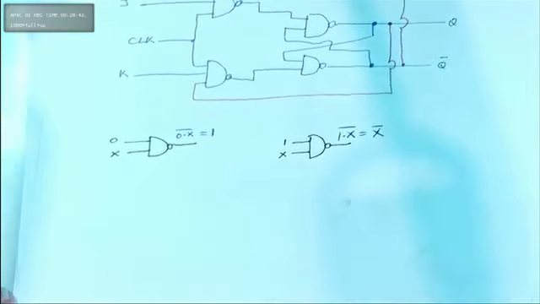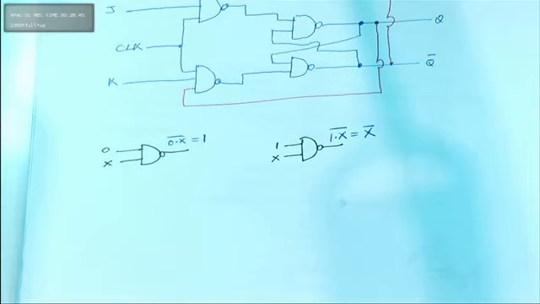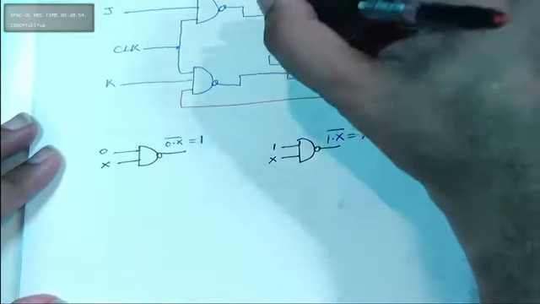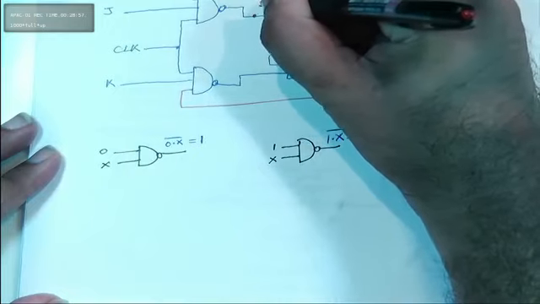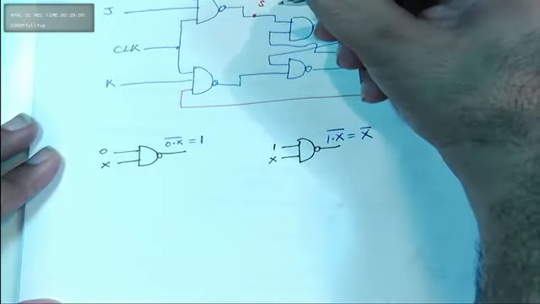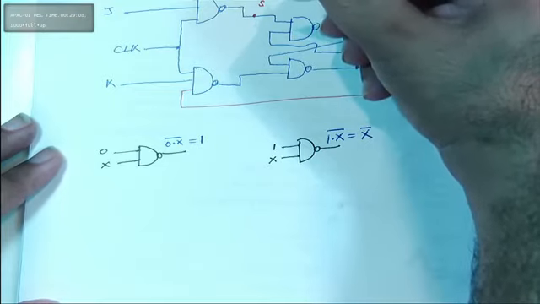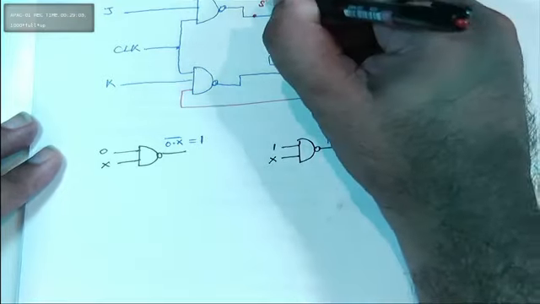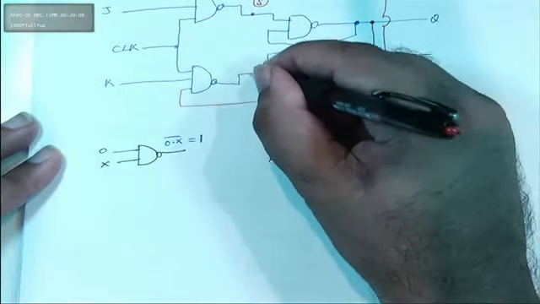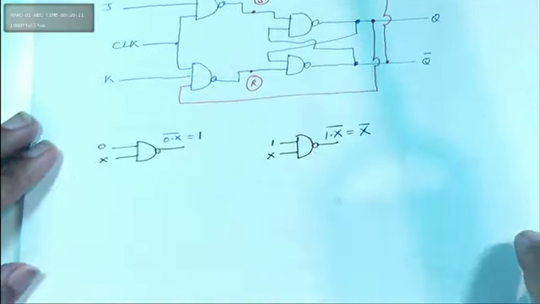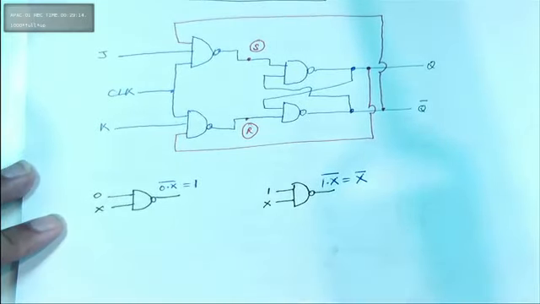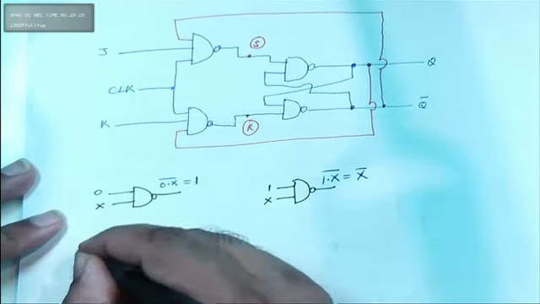Now let's draw our truth table. Let's call this point here, I don't want to use S star, since S star means next. How about I say S circle, and at this point here, R circle. Everyone happy? S circle, R circle. So let's have your clock.